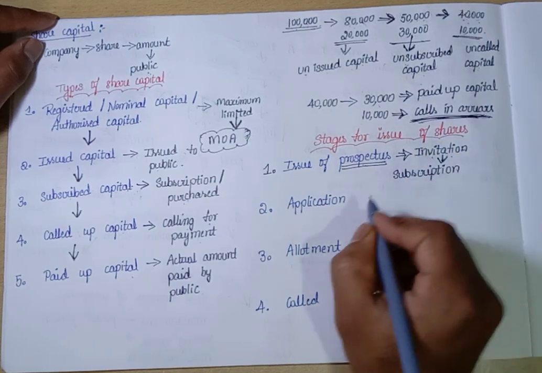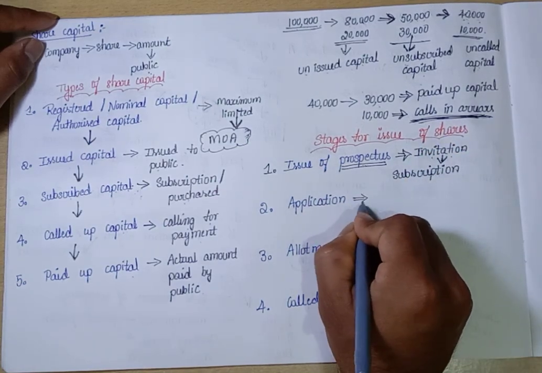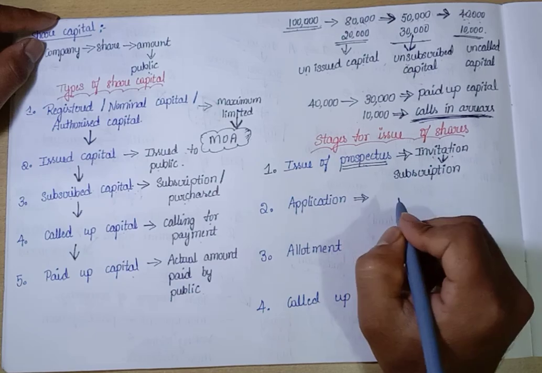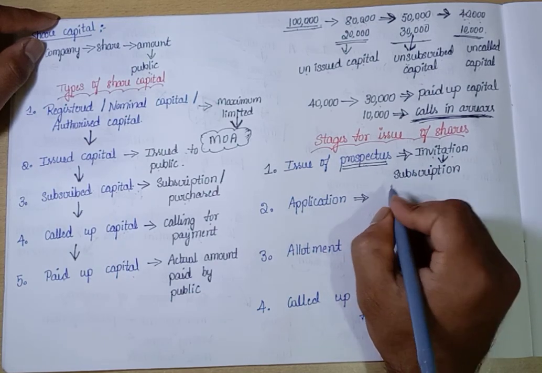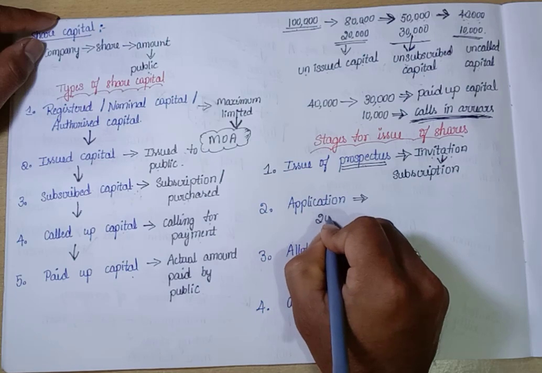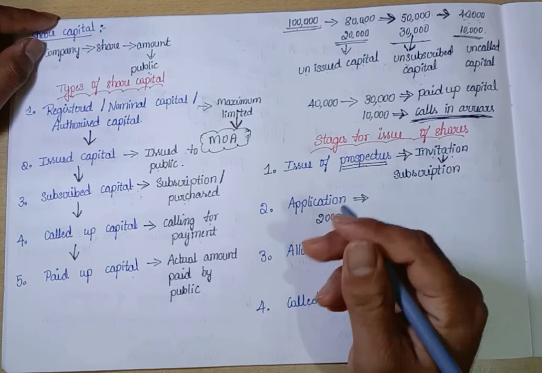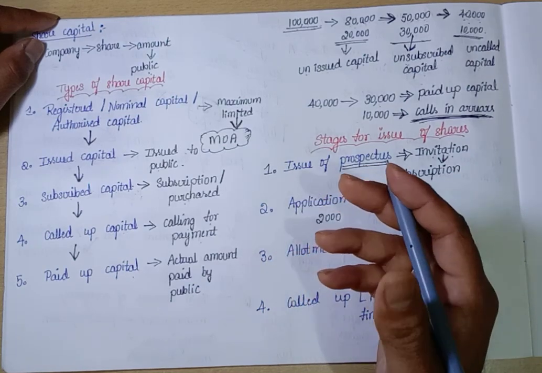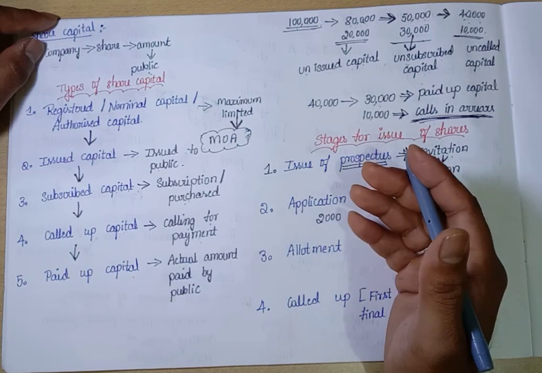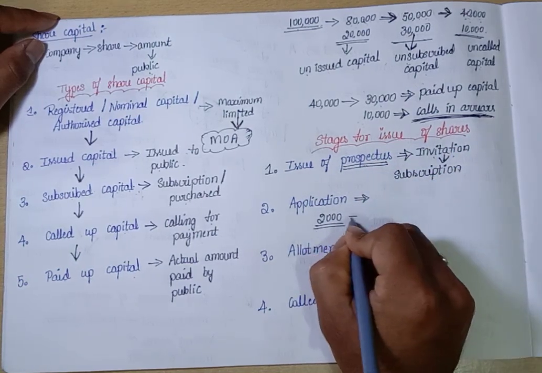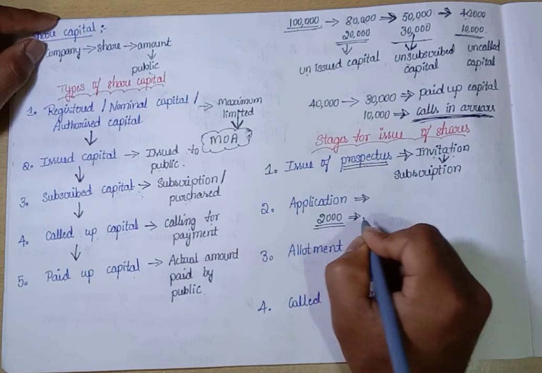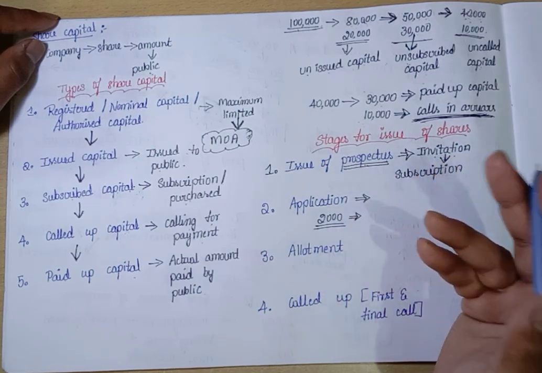After that, you issue applications. For example, just imagine we have only 2000 shares, and if our company is well reputed, then so many people will come, and we should know how many people are ready to purchase.